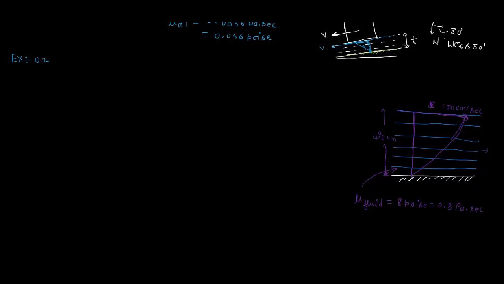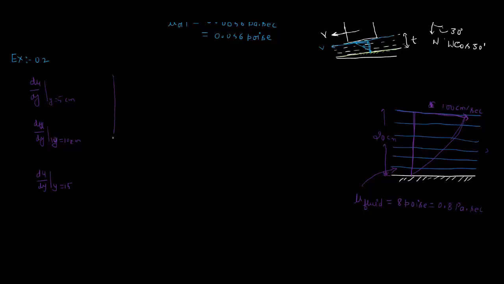So in this case I want to calculate the du upon dy, that is the velocity gradient, at y equals to 5 centimeter, du upon dy at y equals to 10 centimeter, and du upon dy at y equals to 15 centimeter.